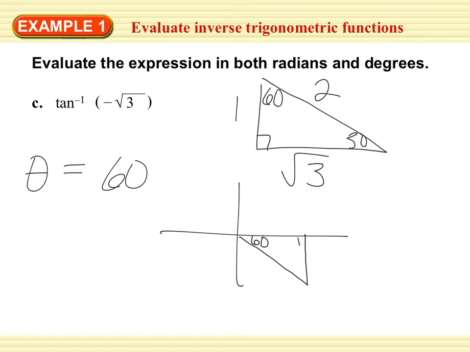Across from the 60 is root 3. I got this wrong. This is opposite over adjacent, and that's negative. So this would be negative 60 degrees.